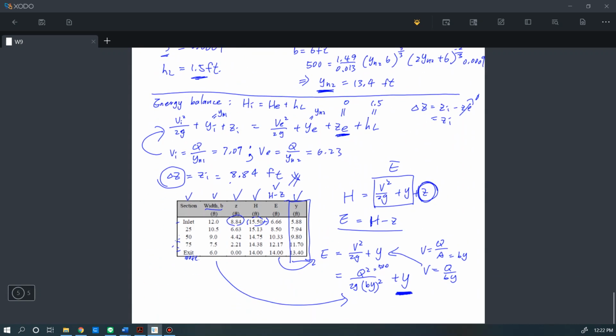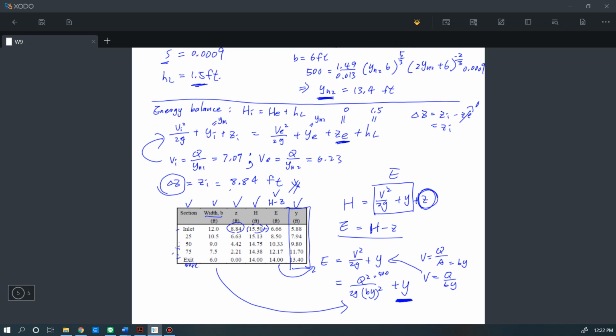After that, we interpolated the transition in the width as well as the elevation change. Then we used the specific energy equation to solve the flow depth across this transition channel.